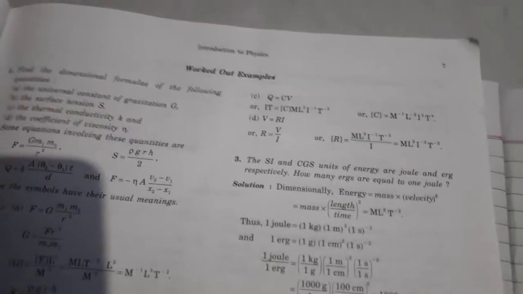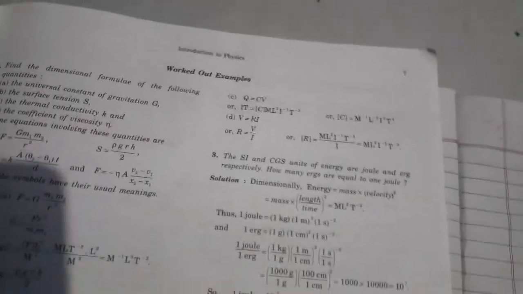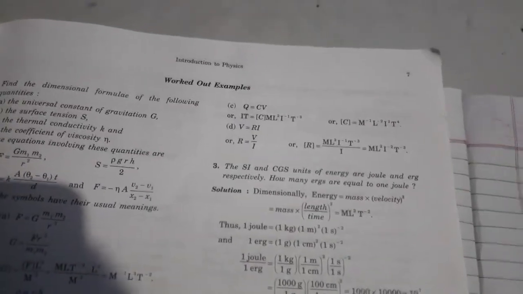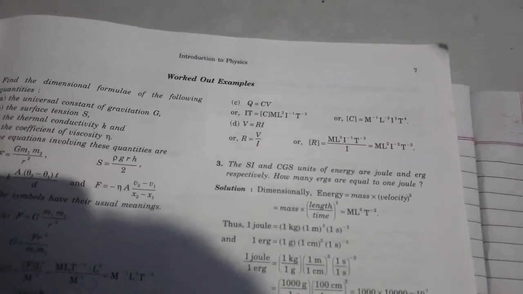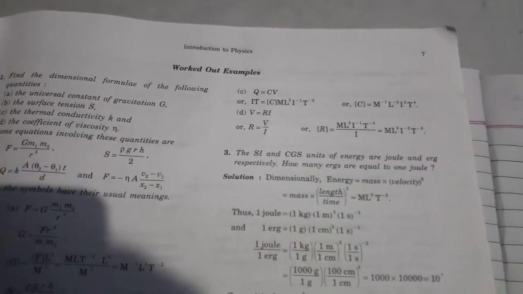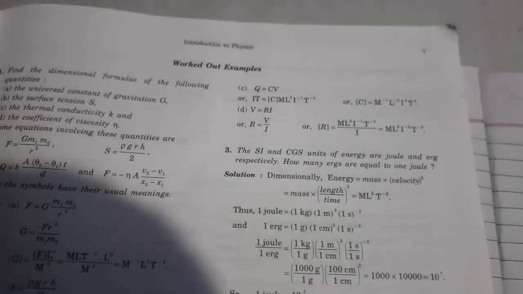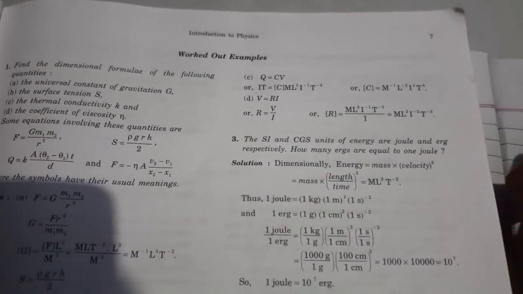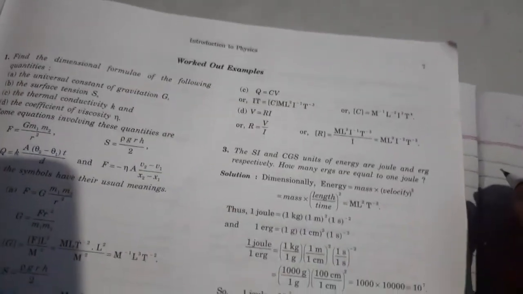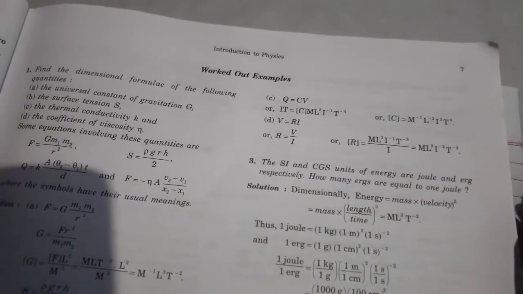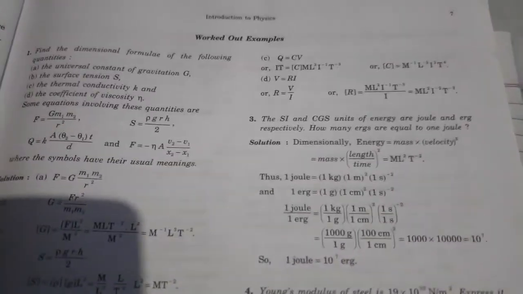Now we will take the help of the book for reading the question and solve this in the text copy, or the worked out examples we have to solve. First question is the dimensional formula of the following quantities, that is the universal gravitational constant.